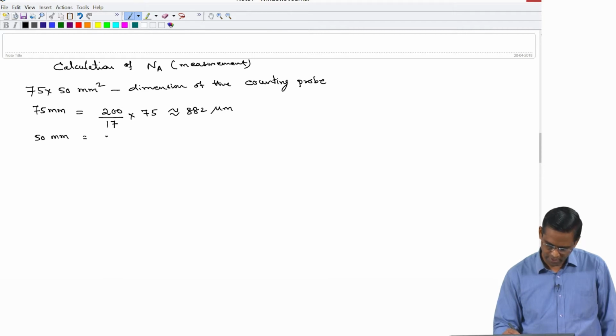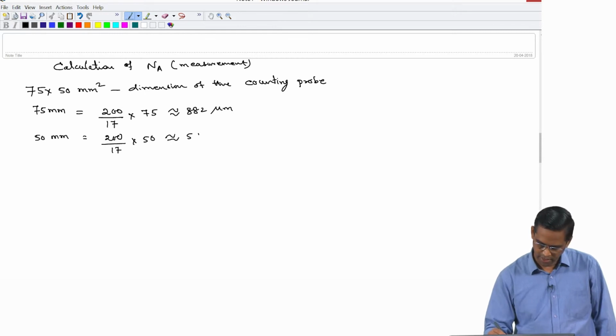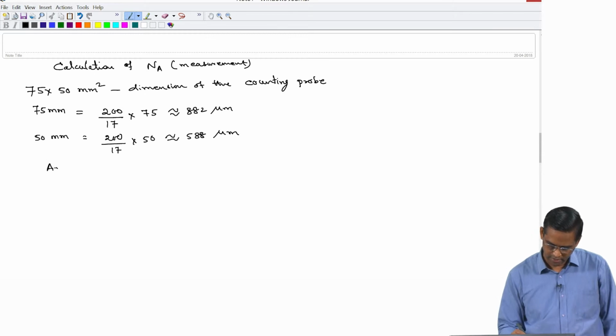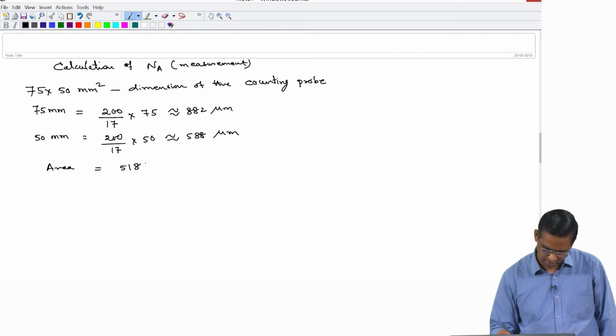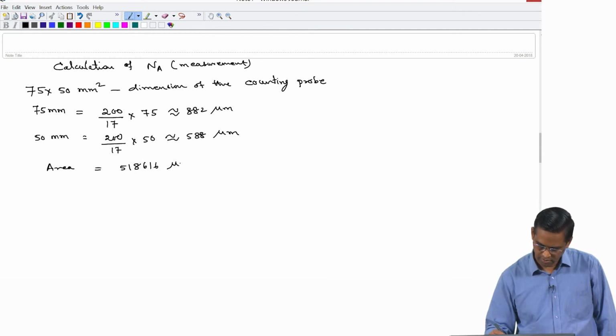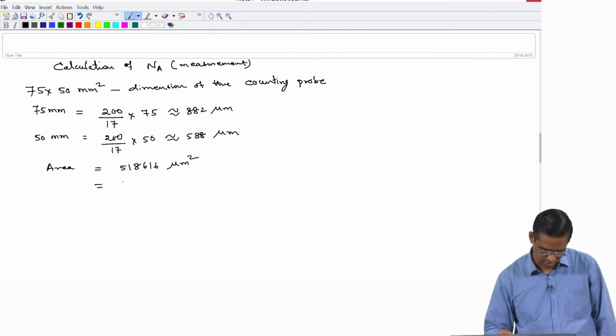This way, 200 by 17 into 50, 588 micrometer. So, the area is 518616 micrometer square, and if you want to report this into mm square, it is 518616 mm square.